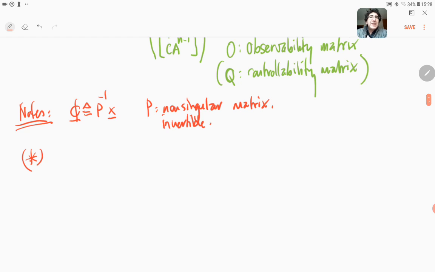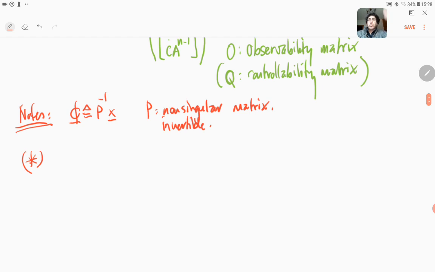Now we can relate this with observability and controllability. We call such a transformation the similarity transformation.